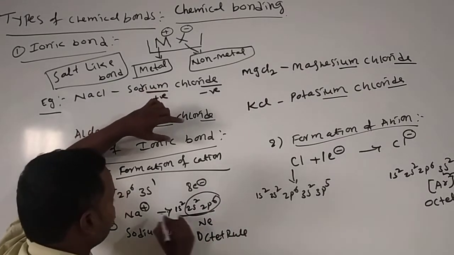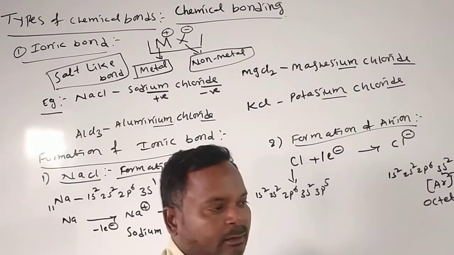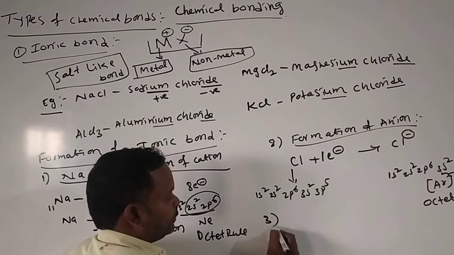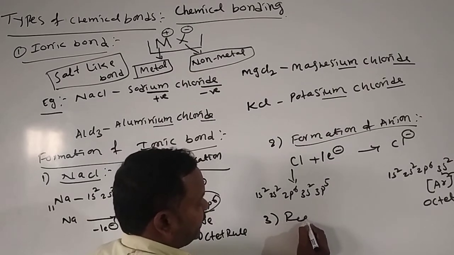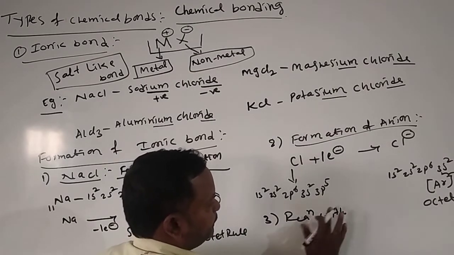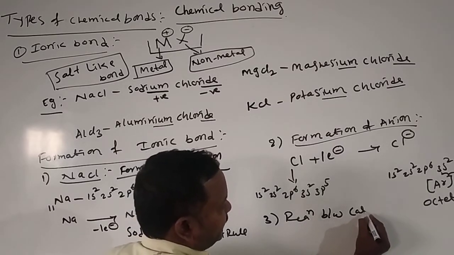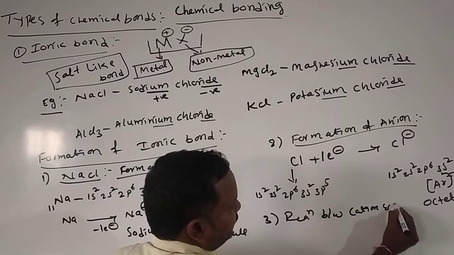That means sodium plus ion is stable, and chloride ion is stable. Both react with each other. The reaction is between cation and anion.